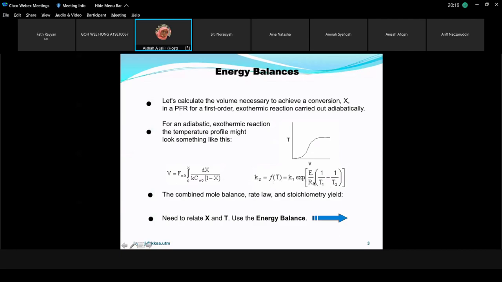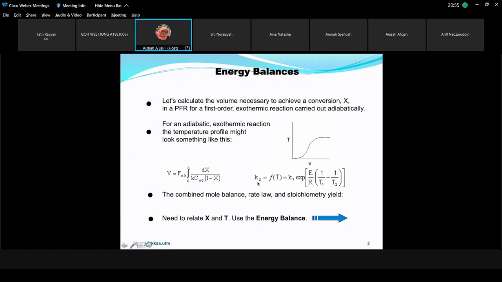And then because we have two temperatures, we will have two k's, k1 and k2. If you forget, remember k2 as a function of T equals k1 exponent of E, the activation energy, over R, the gas constant, in bracket 1 over T1 minus 1 over T2.